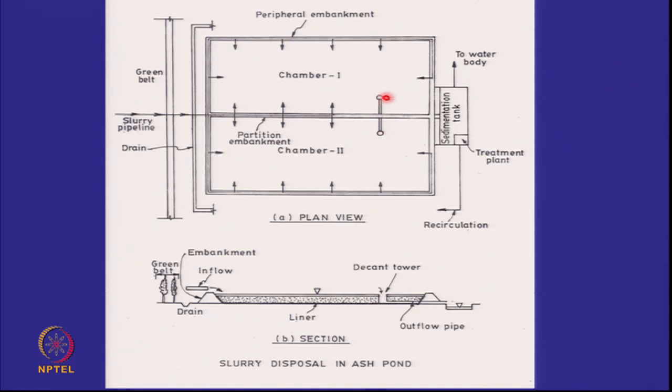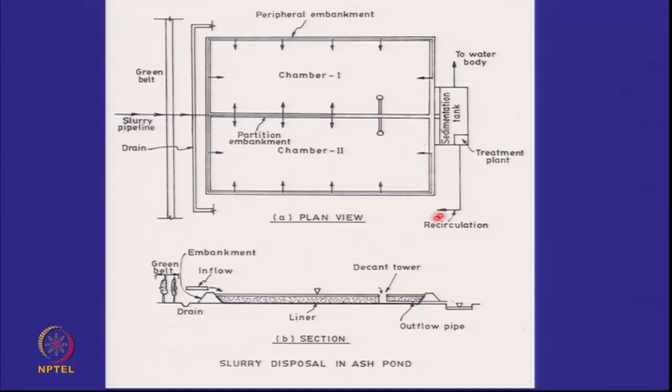These two small round circles that you see are showing the decant tower. That means the supernatant fluid will pass through this and come to the downstream side into a sedimentation tank, where there may be some further residual settlement of very fine particles before the water is either taken away for recirculation or it is discharged back to the river or the water body.